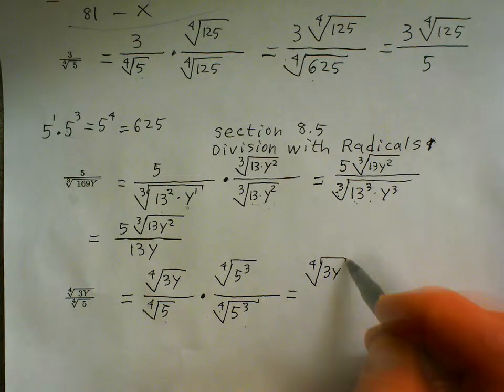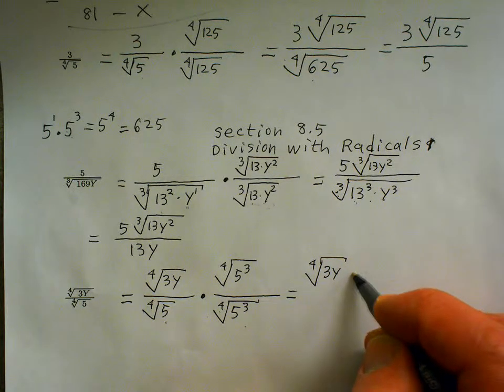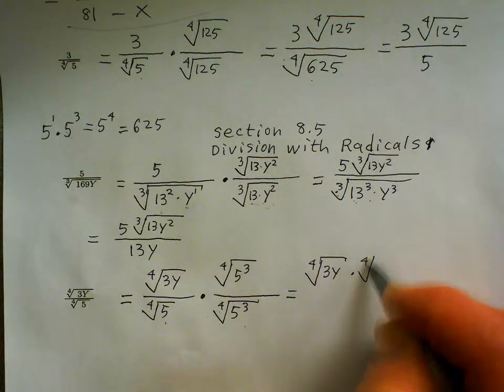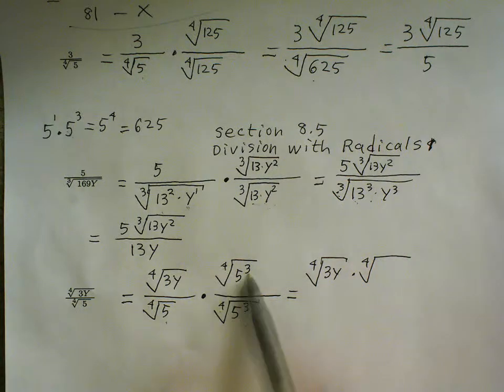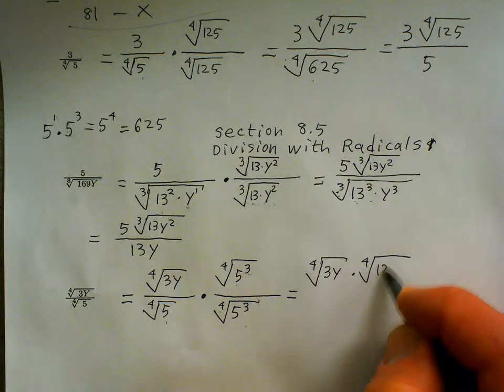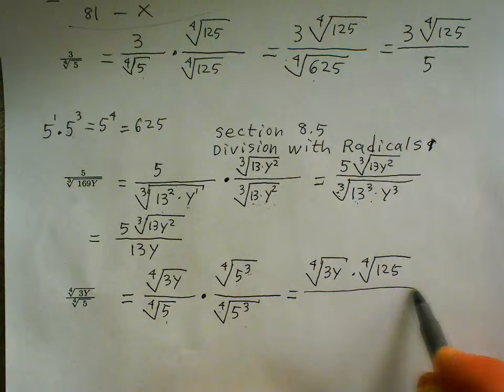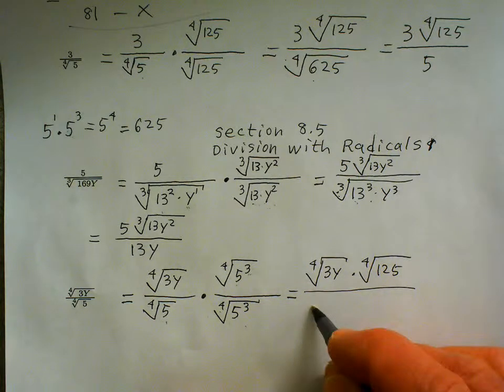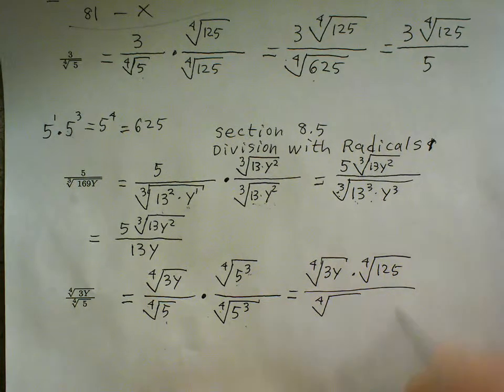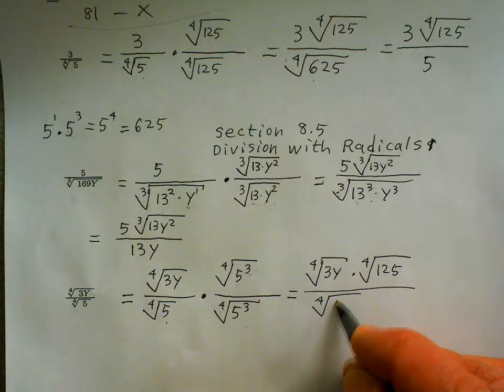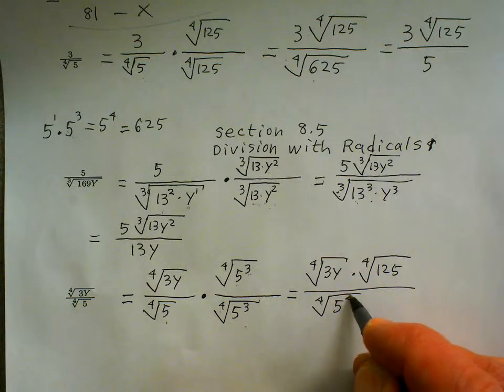So in the numerator, we have the fourth root of 3y, and then the fourth root of 5 to the third. We want to simplify 5 to the third to 125. 5 times 5 times 5 is 125. And then in the denominator, we have the fourth root of 5 times 5 to the third, which is 5 to the fourth.